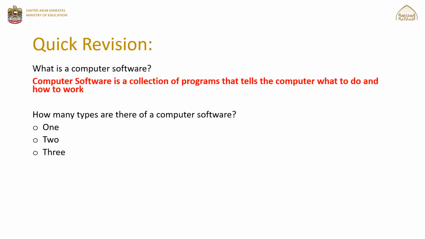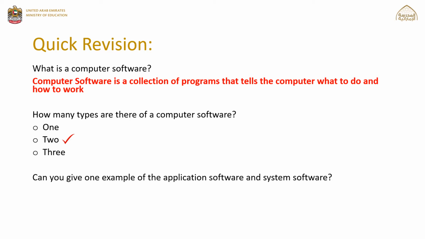Second question, how many types are there of a computer software? 1, 2, or 3? So the correct answer is 2. There are 2 types of softwares, system software, application software. Last question.